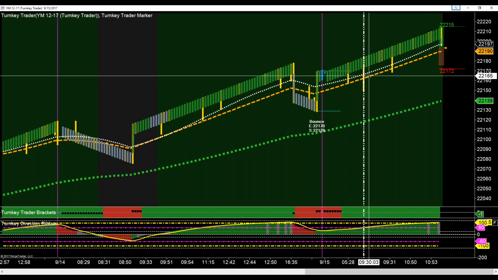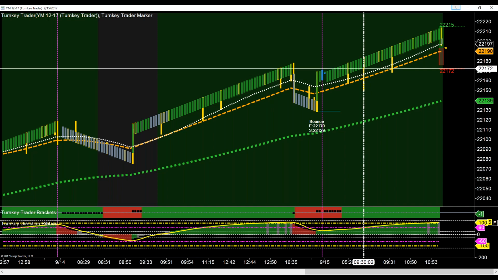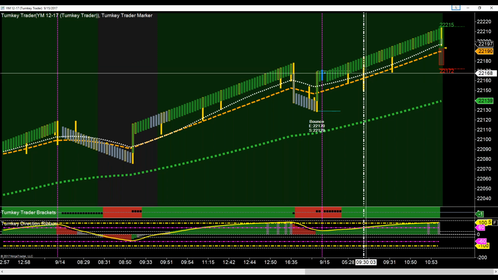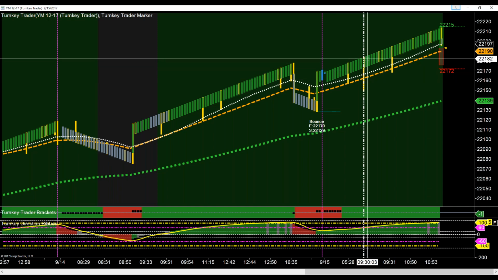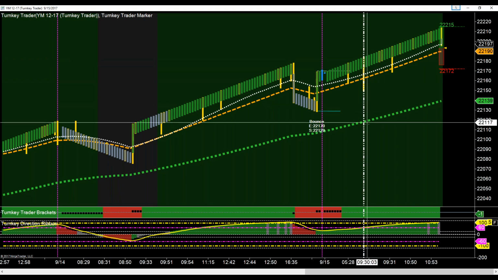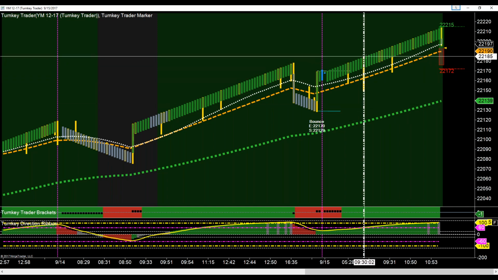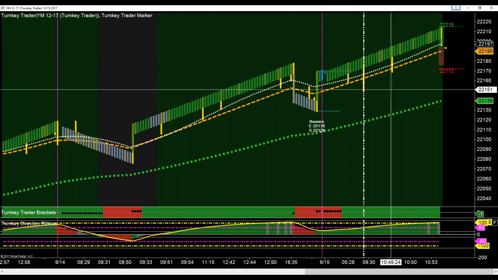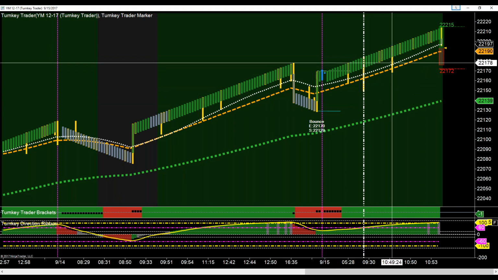Yeah, so that's because of the way these bars are designed. While it may seem that they will touch the trigger price and go up, keep in mind these are rather large bars. They're 41 tick bars, so there's a lot of room for back and forth in these bars, and that's really what they're designed to do.